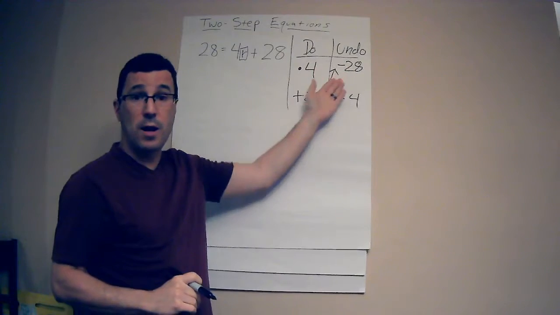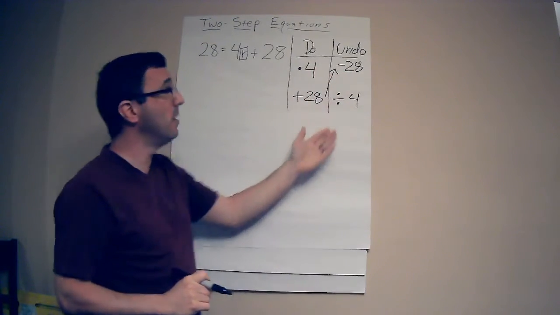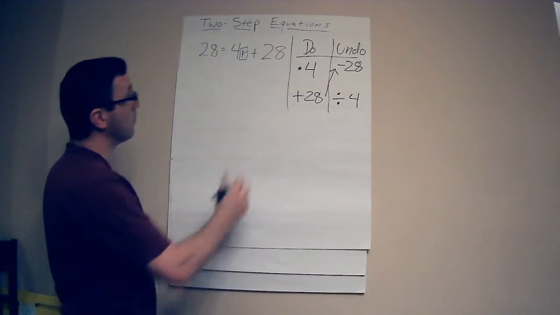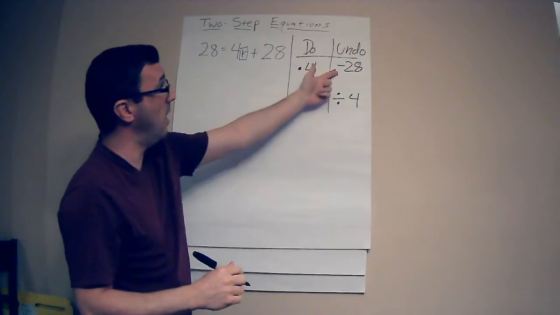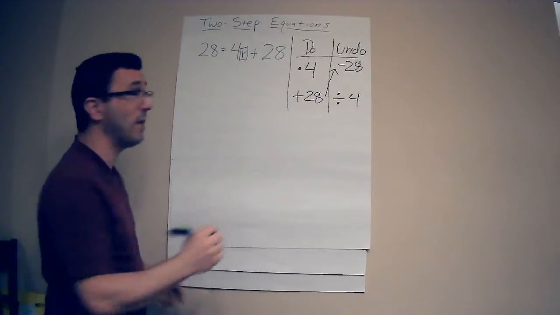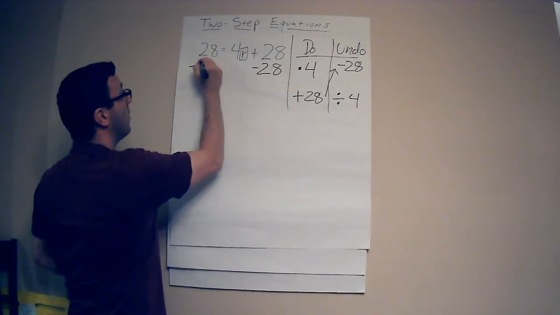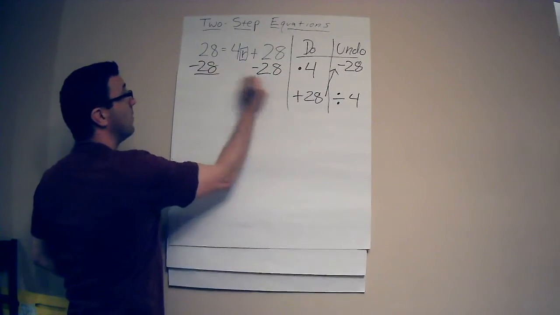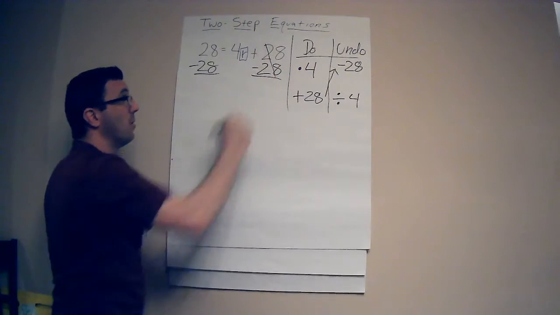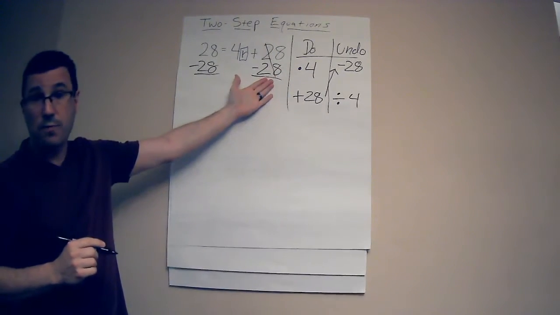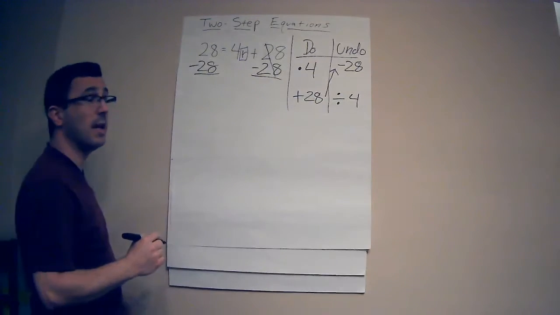So now I'm going to use my undo side to do my steps. I undo this addition by subtracting 28 from both sides. Minus 28, minus 28. I cross out on the side with the variable; those 28s cancel out.